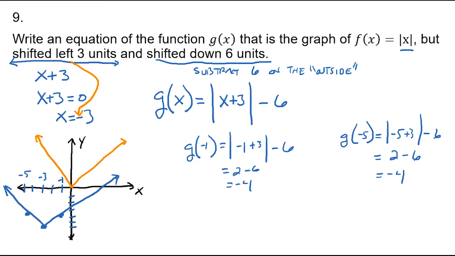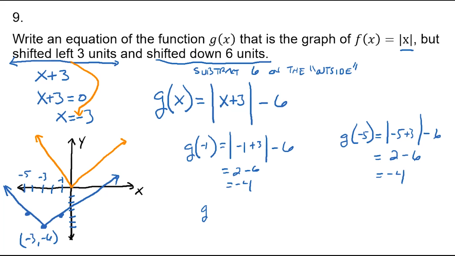Okay. And just to point out, I started with the original vertex and just counted the units, counted to the left 3 units and down 6. But based on our function g of x here, our vertex is -3 comma -6.